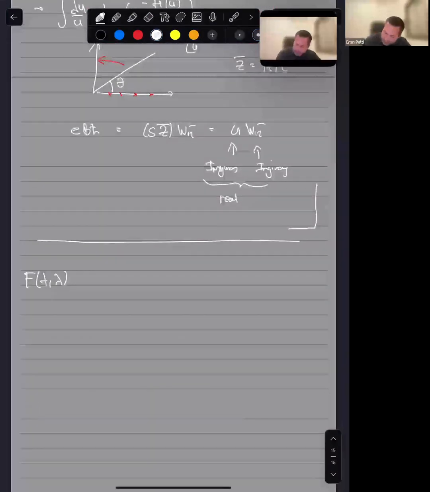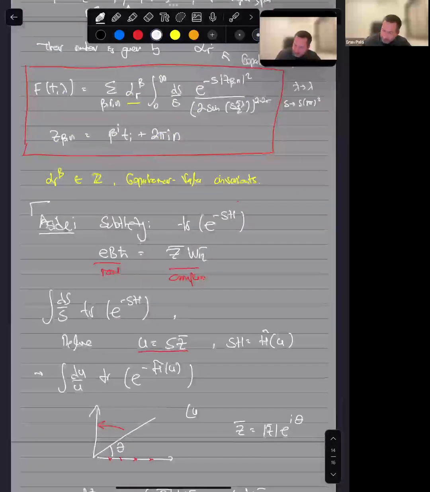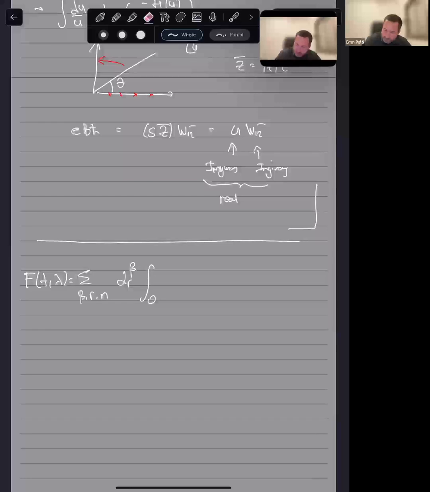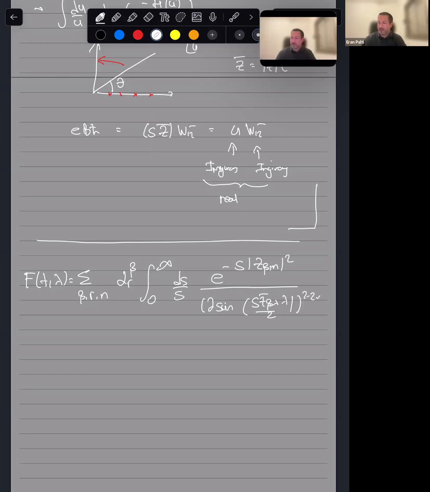F of t is a sum over beta, r and alpha, r, beta, integral from epsilon up to infinity, ds over s, and then we have the central charge parameter here, and to this the part on the bottom like this to r.